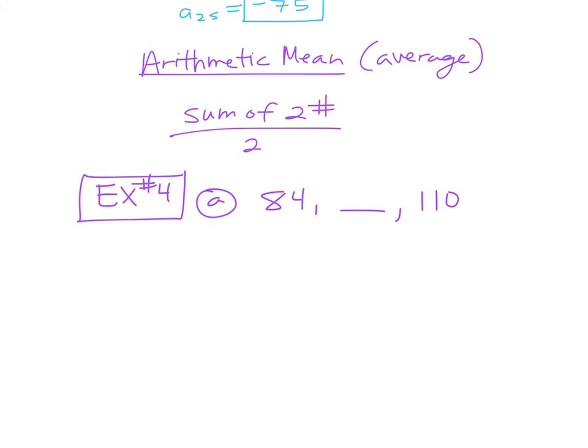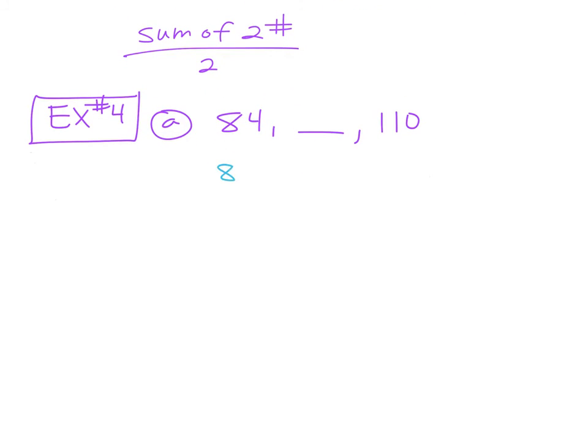So we are going to do 84 plus 110 and divide by 2. 84 plus 110 divided by 2, or 194 divided by 2 is 97. So the number that goes in place here should be 97. Okay, and you could always double check that. Subtract 110 minus 97, 97 minus 84. It should be the same value between the two. Each of those jumps up by 13.